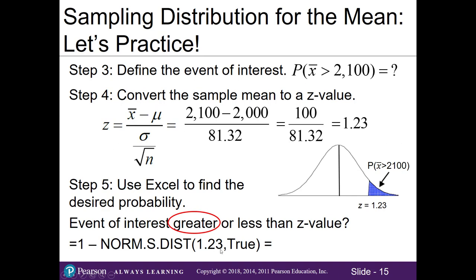So we plug in the 1.23, and then comma, and we'll type in TRUE, because it is cumulative, meaning it's adding up all the probabilities to the left of our 1.23. And so Excel will give us 0.1093. In other words, the probability of getting a sample mean greater than 2100 is 0.1093 or 10.93%. So let me go ahead and show you that in Excel.